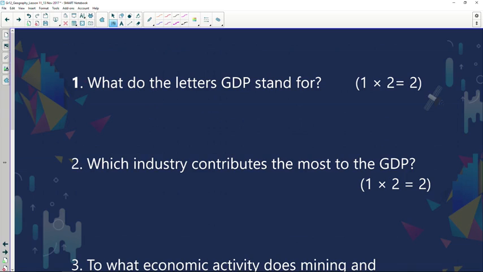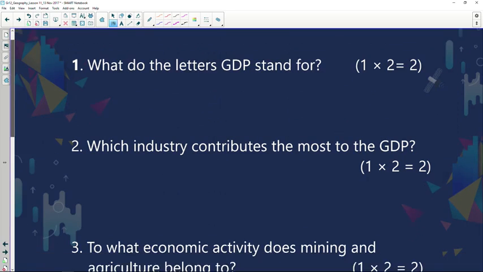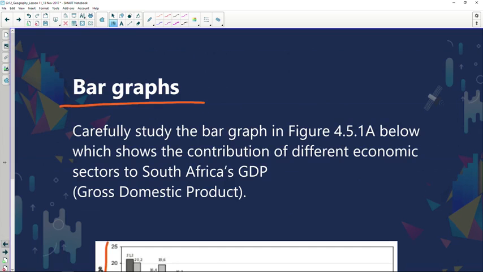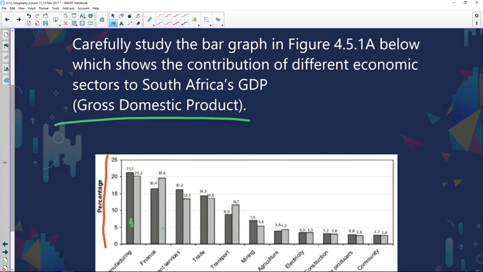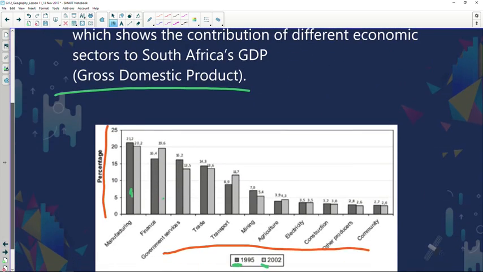Now, what do the letters GDP stand for? Once again, grade 12s, please go back to the concepts in the previous lesson. It stands for Gross Domestic Product. Now which industry contributes the most to the GDP? This graph represents all the industries that make up the gross domestic product.